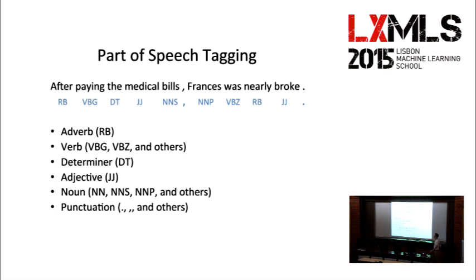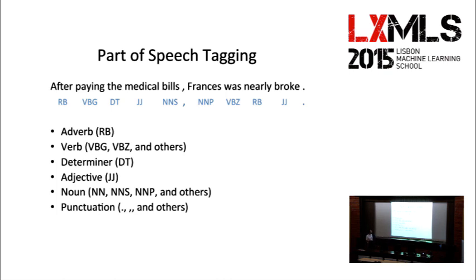If it starts with a V, it's some kind of a verb. DT is determiner. JJ is adjective. Some of these words are probably familiar to you, even if you haven't taken linguistics. Some of them are sort of not really linguistic. They're just things we see in text, like punctuation. But the idea is that each of these words can be labeled with a part of speech. And some words are ambiguous, and it depends. The context affects which part of speech they should get.